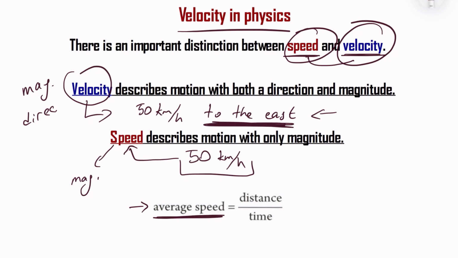For average speed, we use distance over time. The unit of distance is the meter, and the unit of time in the SI system is the second. So the unit of average speed is again meter per second. The units of distance and displacement are the same, but they are completely different from each other. The units of speed and velocity are the same, but they are different from each other according to physics.